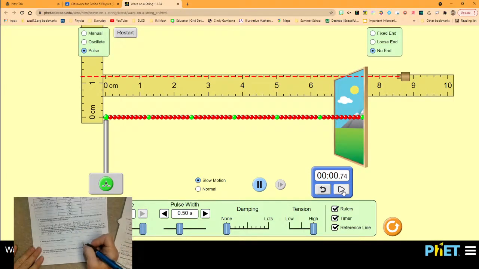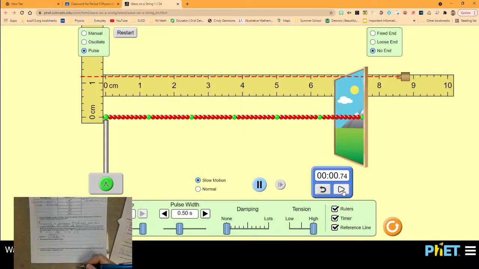Now let's calculate the speed of the wave. Speed equals the distance traveled, which is 0.05 meters, divided by the time it took, which was 0.745 seconds. That's an average of those 3 times.